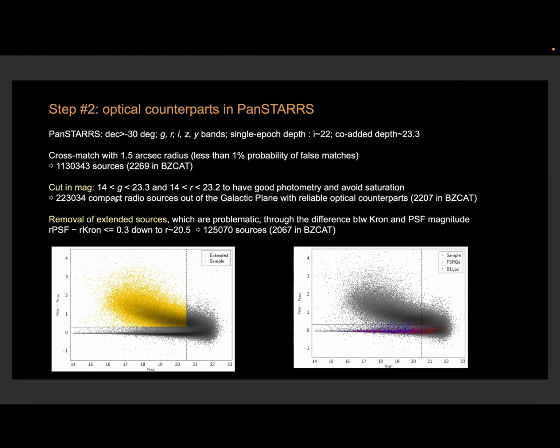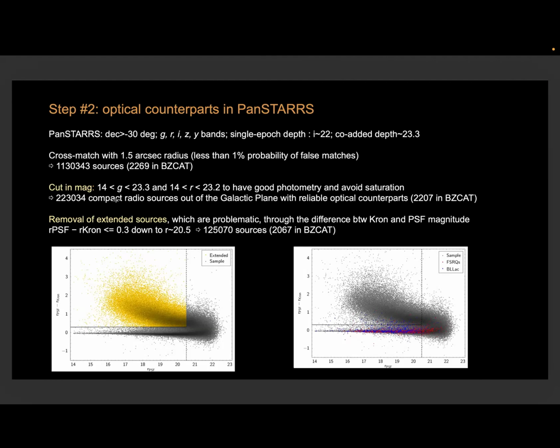The PSF photometry works well with point sources, but fails for extended sources because it underestimates the brightness of the object, while the Kron photometry uses a flexible elliptical aperture and so measures the whole brightness of the object.